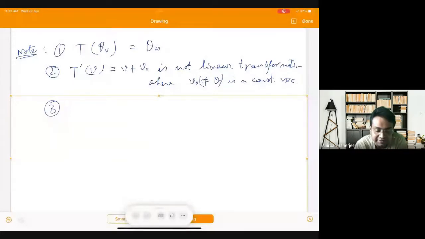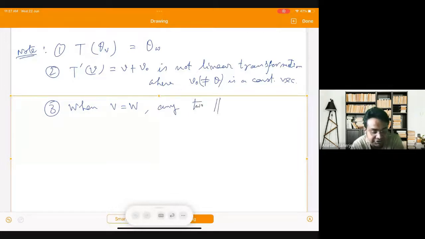Now let's say a simple case when V equals to W, that means they are the same space. The important is that any two parallel straight lines become two parallel straight lines after the linear transformation.